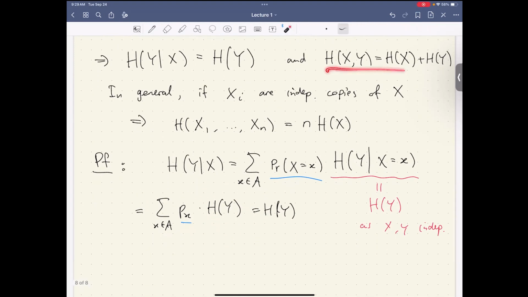The second one is a consequence of the first one. For the second one, remember additivity.